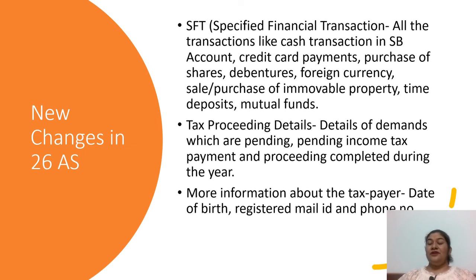This information will help the taxpayer to know what email ID is registered with the income tax department, and what mobile number or contact number is registered with the income tax department. If the person wants to correct this information, he can do so immediately once he gets that information in 26 AS.